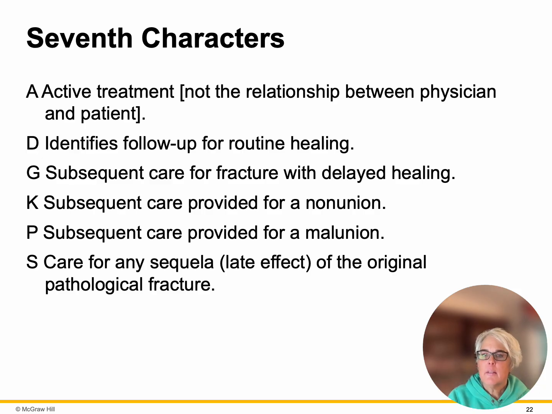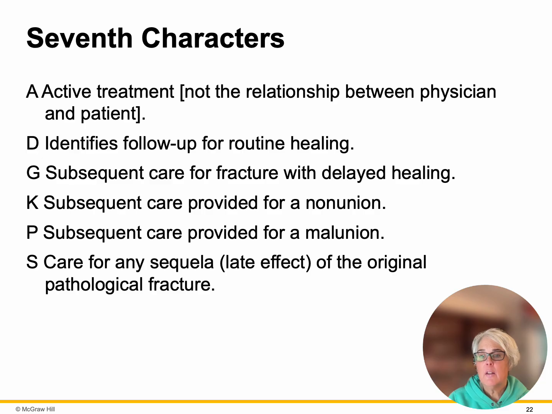A D is a subsequent encounter for routine healing. So if I have routine healing after that A, that would be routine. Now, if there's delayed healing, that would be G, subsequent encounter for a non-union or a malunion. If I'm having problems with healing of that fracture, then the 7th character matters.